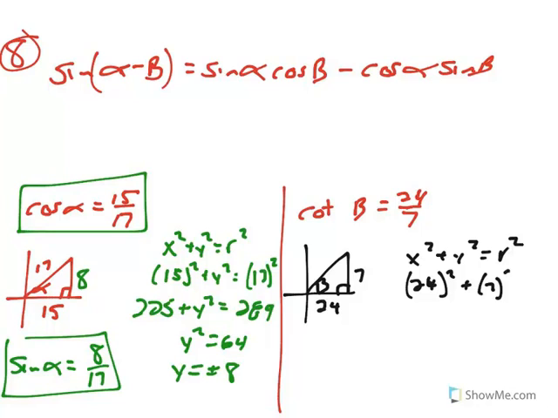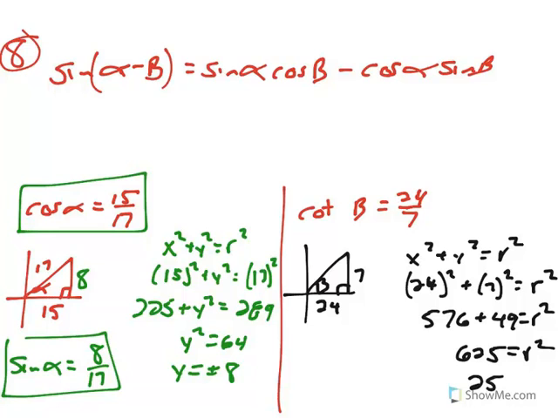Y is 7. 24 squared is 576. 7 squared is 49. 49 plus 576 is 625. Square root of 625 is 25. This is plus or minus. R is always positive because it's a radius.